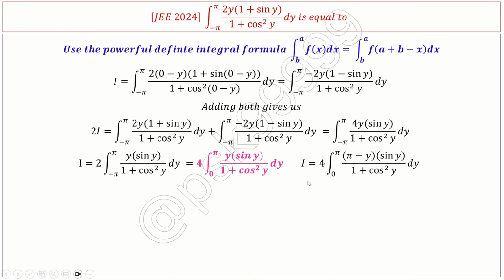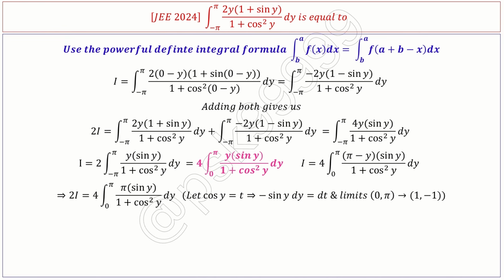Now again, I am applying the same King's rule. I equal to 4 times 0 to pi of, instead of y, I am substituting pi minus y. Here it is pi plus 0, so pi minus y. Sine of pi minus y is sin y, divided by 1 plus cos square of pi minus y, which is cos²y dy. Now look at the beauty of this one.